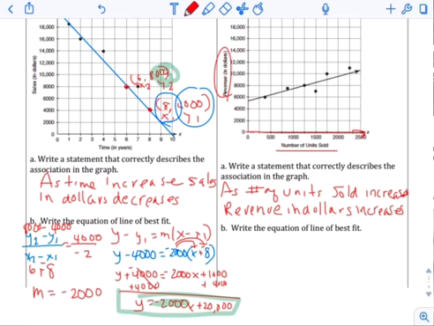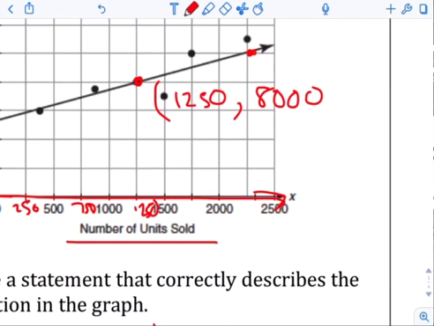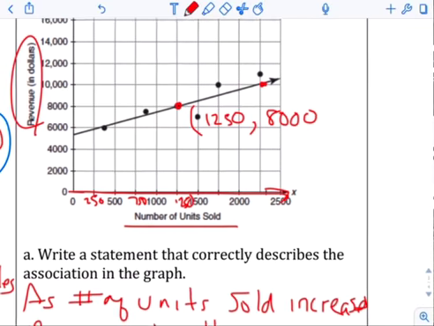Okay, write an equation of the line of best fit. Let's choose 2 dots. One is a good one, this one. It's going by 250. That's 1,250. That's 8,000. And another one would be this one, right? Yeah, let's choose that one.